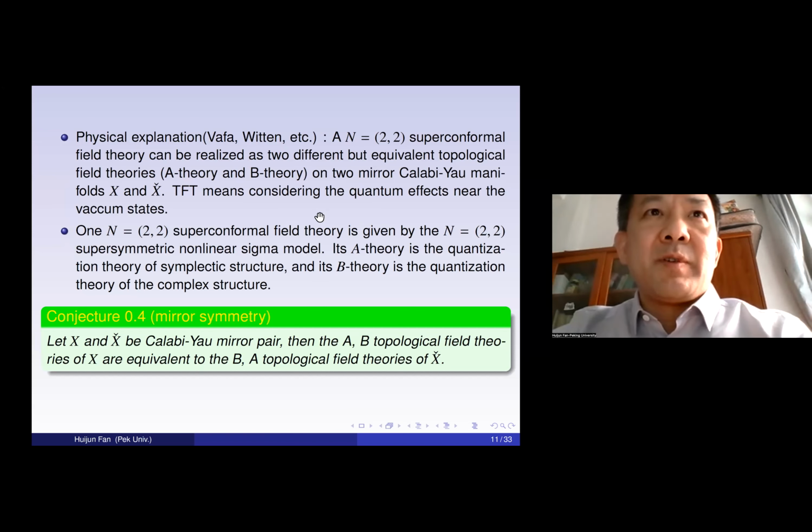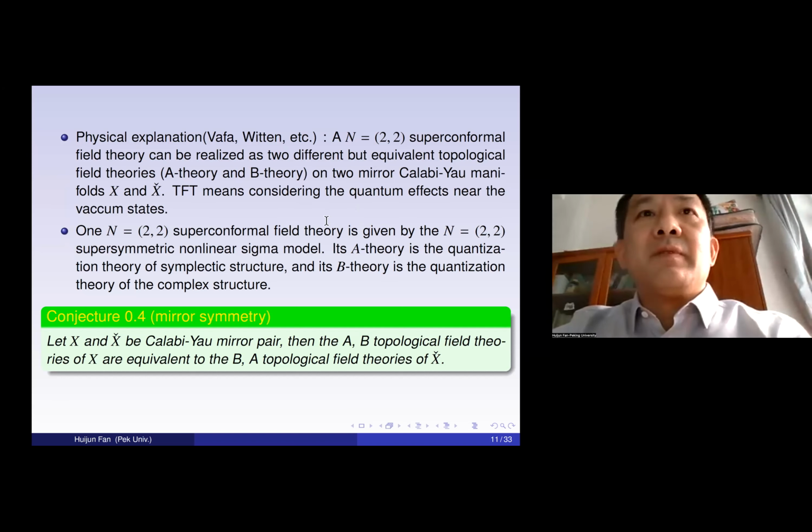This conformal field theory can be traced to two different but equivalent topological field theories, called A theory and B theory, on the mirror Calabi-Yau manifolds X and X check.